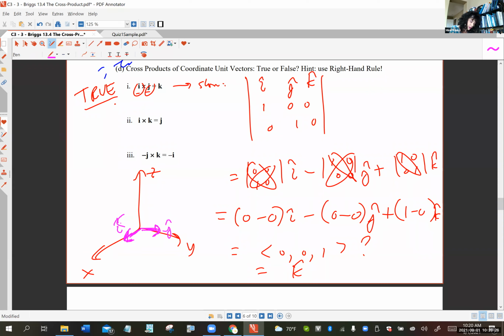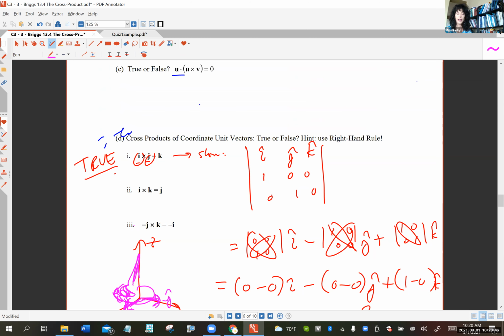And if I take my fingers, here's my hand. If my fingers curve through the i hat first, then the j hat, and then I close my fist, my thumb will be pointed up in the positive z-axis direction, and it will be giving me k hat. So that's how you tell.